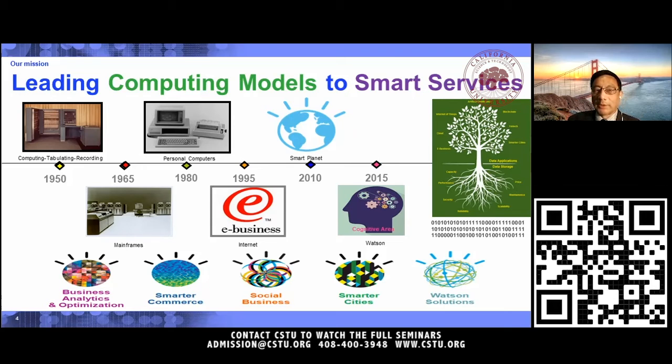What does smart mean? Our perspective is we put in calculation capability and enable people to do things smarter than before. And that computation capability is a measurement of how smart you are.